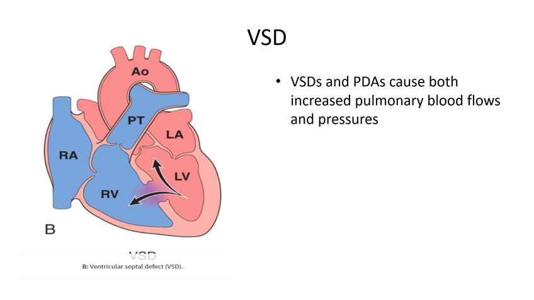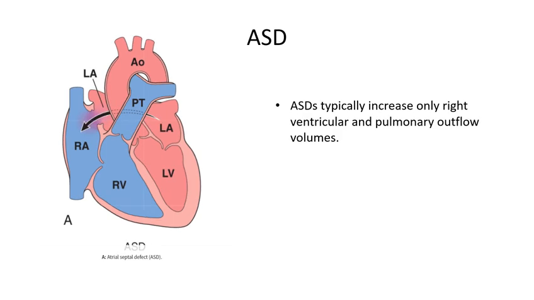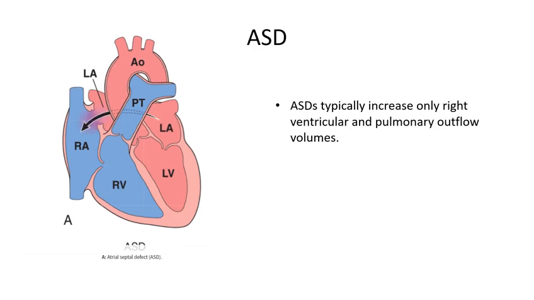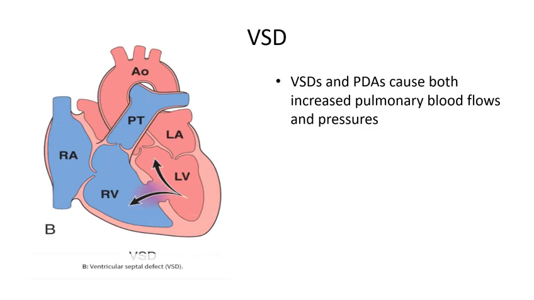Ventricular septal defect and patent ductus arteriosus both cause increased pulmonary blood flow as well as increased pulmonary blood pressure. But atrial septal defect only causes an increase in the outflow volumes.